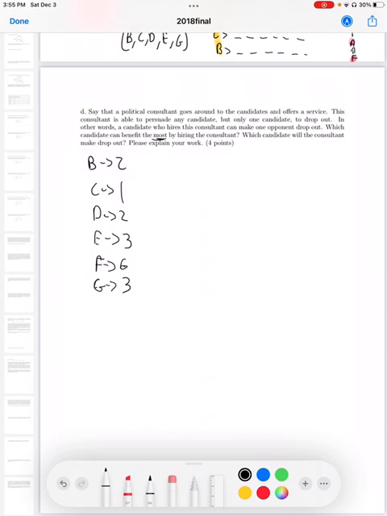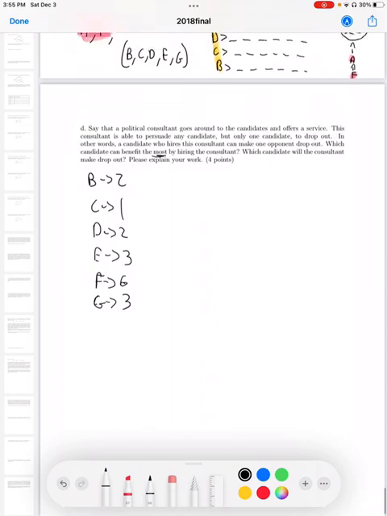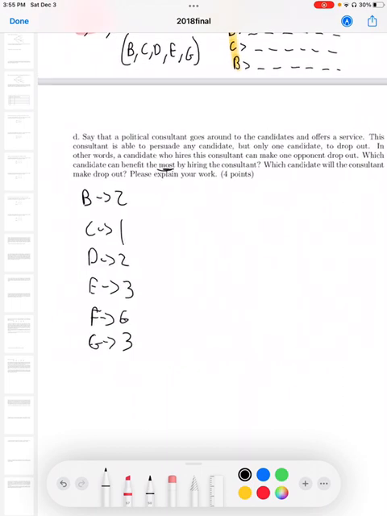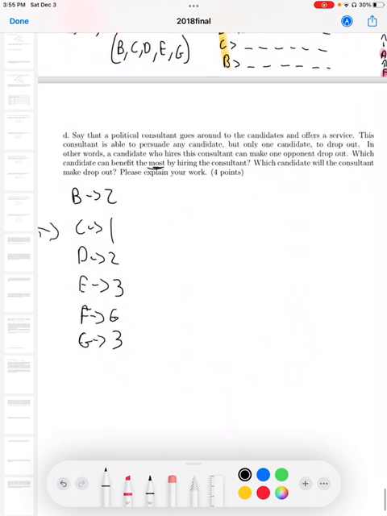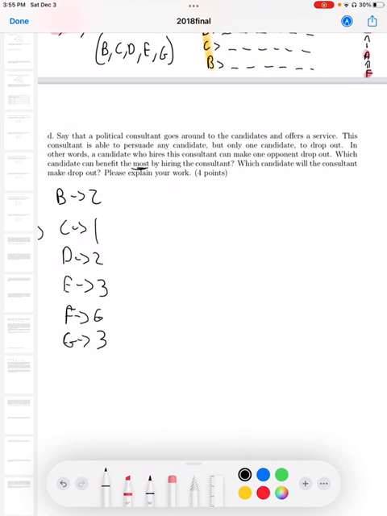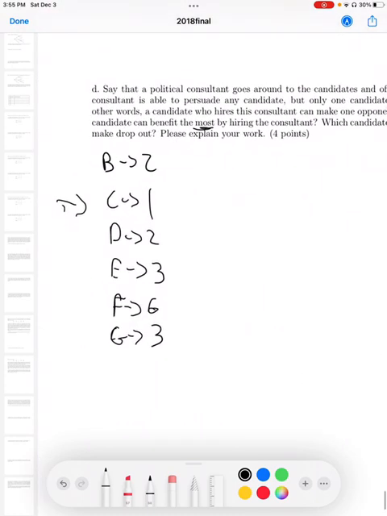Now that we can see this, let's go back to the question. It says this consultant is able to persuade any candidate, but only one candidate, to drop out. In other words, a candidate who hires this consultant can make one opponent drop out. So only one person. Which candidate can benefit the most? So if B does this, their 2 goes to 1, so they're dominated by only one more person. If C does this, they get 0.